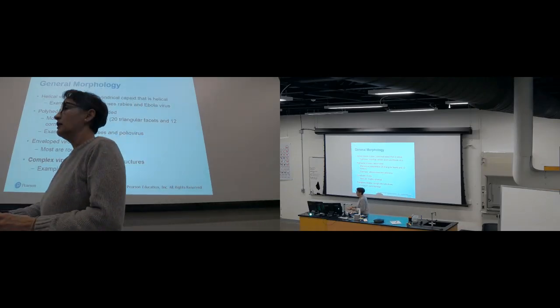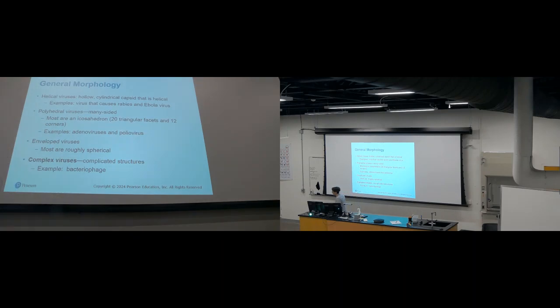So for general morphology, the helical viruses have a hollow portion that allows the nucleic acid, of course, to be protected inside. And then examples of helical viruses will be rabies and Ebola.